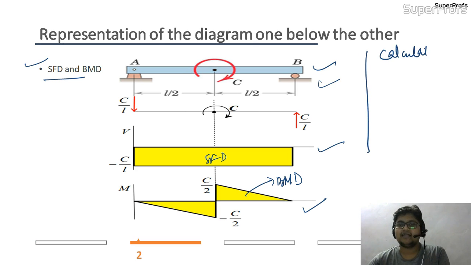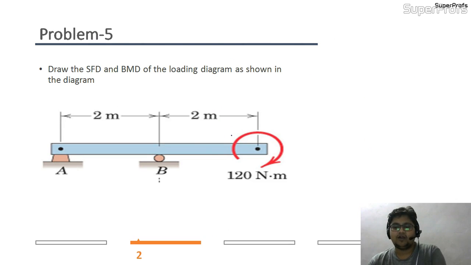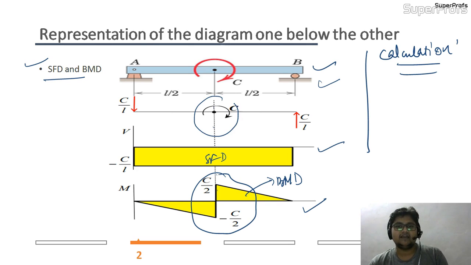So it is always advisable when drawing the diagram. Why is it so? Because at this point, as you can see, there is a dotted line shown here. So the effect of the diagram at this point you will be able to visualize very carefully. What is happening at this point, you are able to see very clearly.